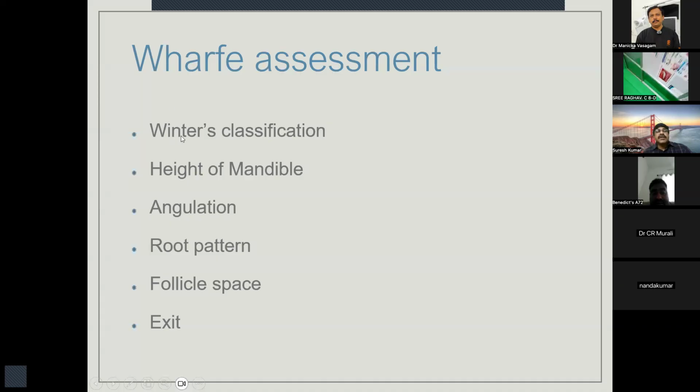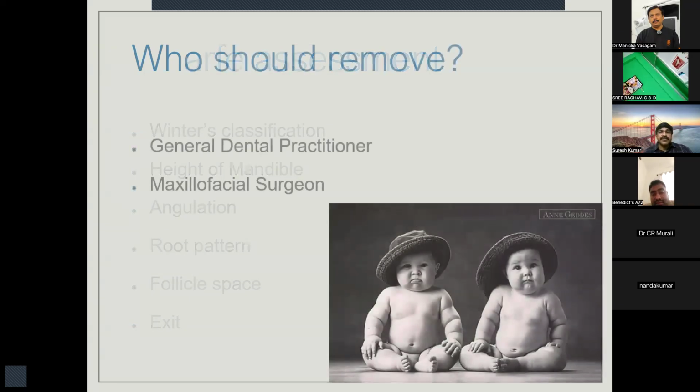You have to see all these things in the X-ray, and then you have to score it ranging from 0 to 5. So Winter's classification, if it is vertical, you name it as 1, mesioangular 2, horizontal 3, distoangular 4. Like that, you have to score each point, and then add up the total. If the number is very high, that means the tooth is very difficult to be removed. Less the number, easier the removal.